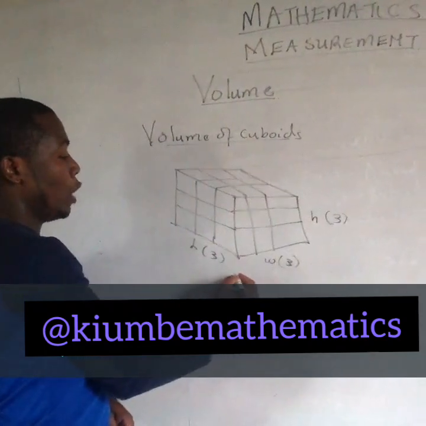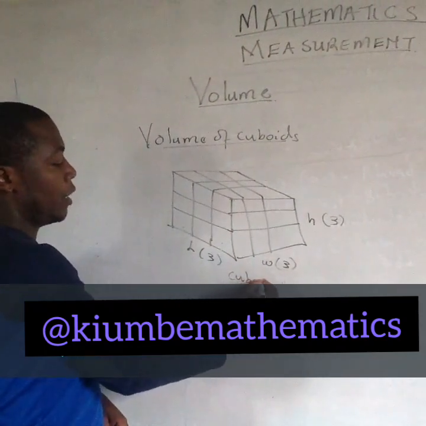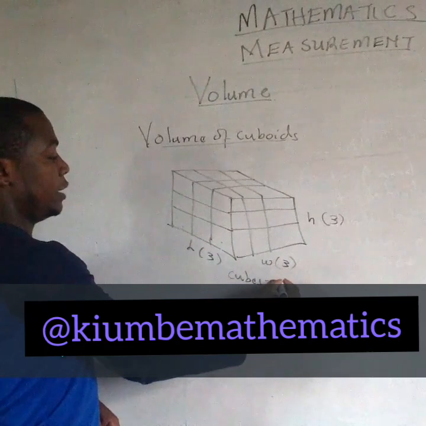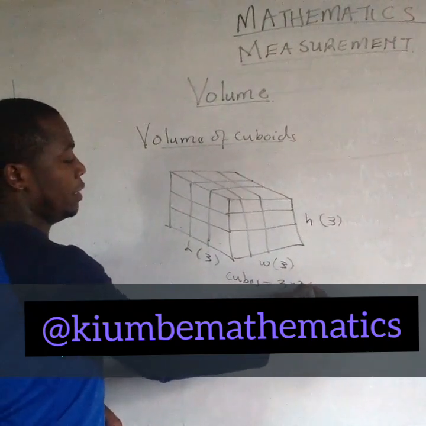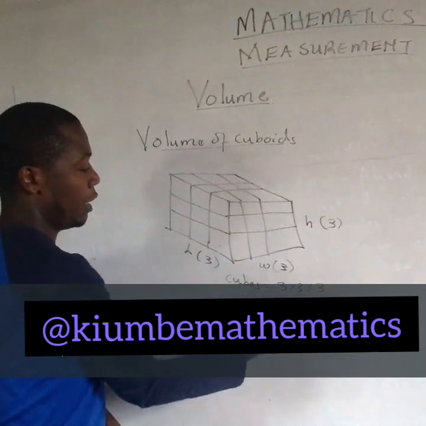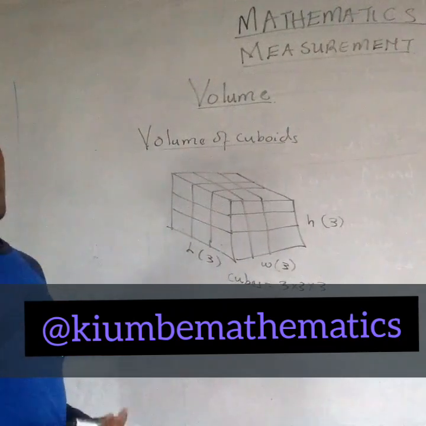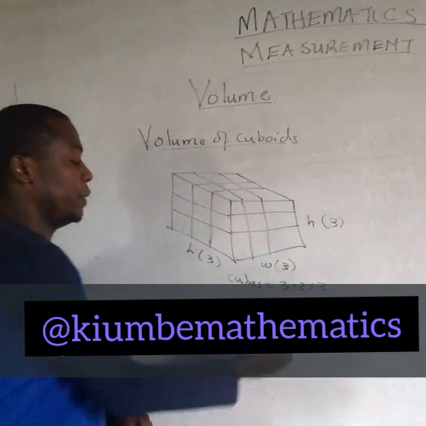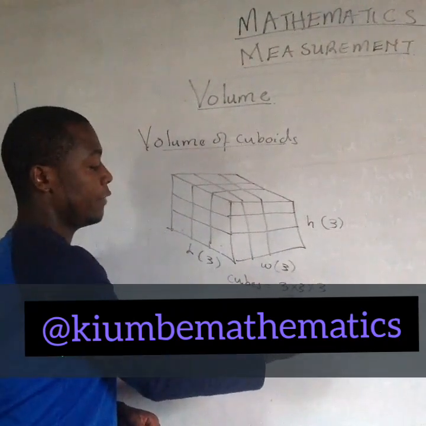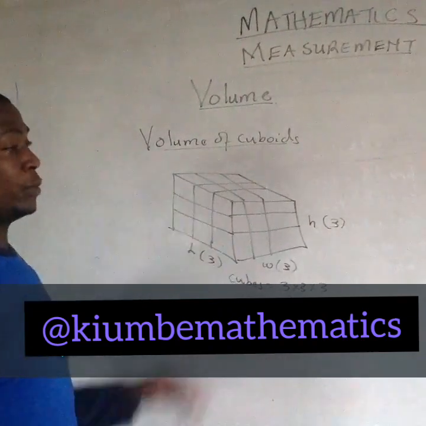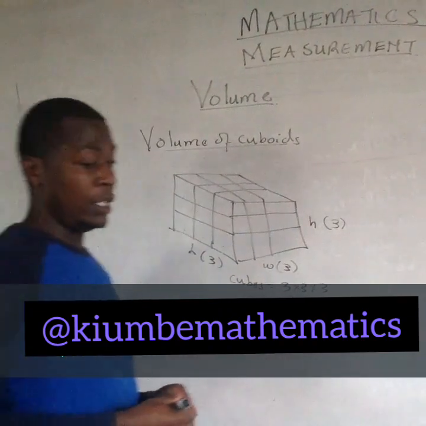Therefore, if we want to know how many cubes are here, we just take the 3 on the length times the 3 on the width times the 3 on the height, and it gives us an answer which is 27. So we know these are 27 cubes.